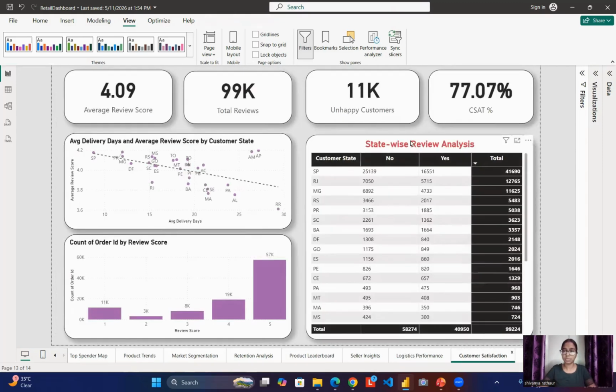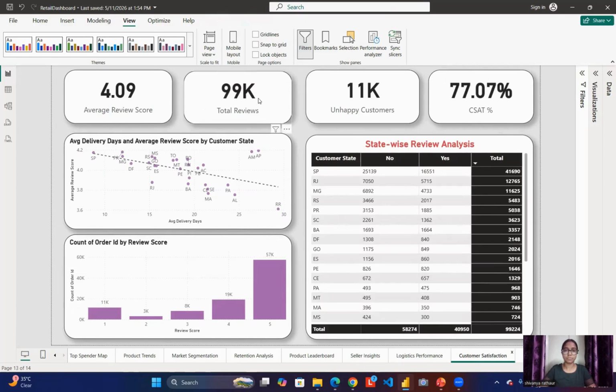Another page is the customer satisfaction page. This page tells about the satisfaction of customers with the services. Here the average review score is 4, like most of the customers are happy, and total reviews are 99K, not revenues, reviews.